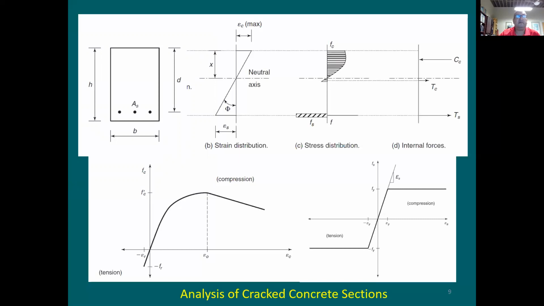But you know what? This is not an easy distribution. It was simple when I had a rectangular distribution. I just took the volume: whatever stress times this area is going to give you the force. When I had a triangular distribution, I said, well, this is kind of tough. I need to find out the volume of this block or this prism. So I'm going to say the stress times this height divided by 2 times the width.